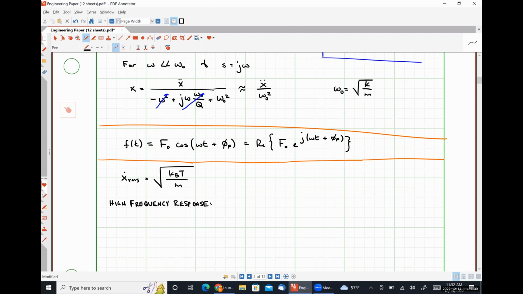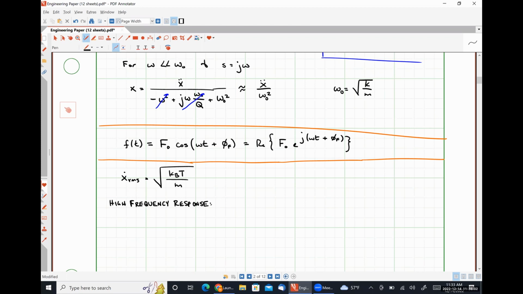This is exactly how earthquake detection works. You have a really large mass system with a very low resonant frequency, and then any vibration that is experienced by it is typically well beyond the resonant frequency of the system, okay?